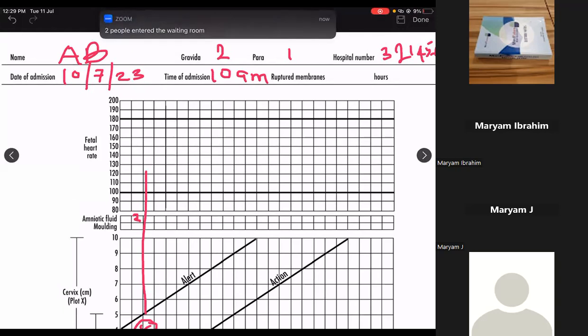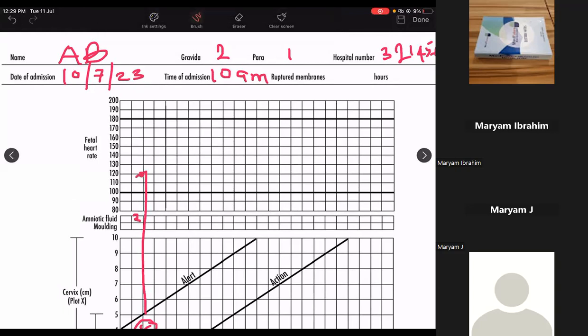So this is 120, and you plot your heart rate there. Is it 120 you said, or 130? Sorry, 130. Yes. So you plot it by a dot at your 130. And like we said, if it is in between these two dark lines, it is within normal range. So far everything is going well.